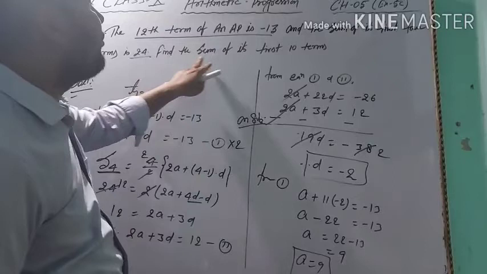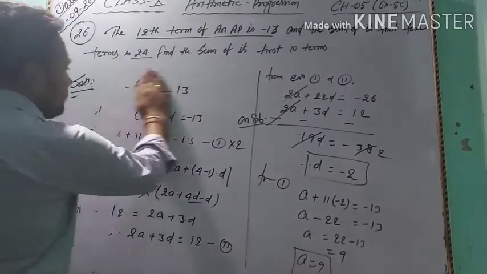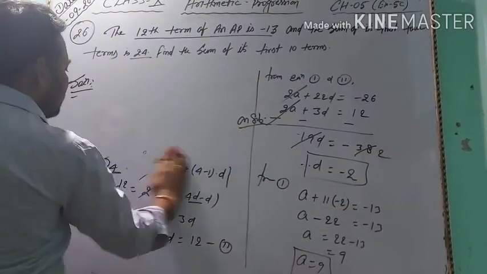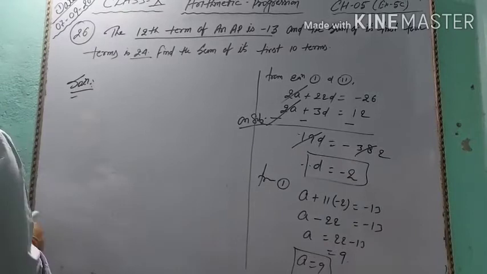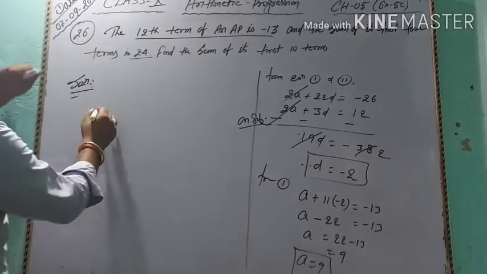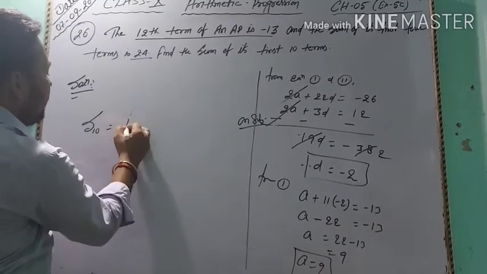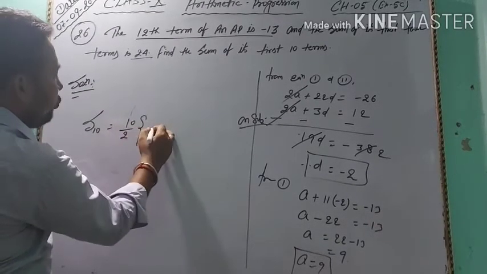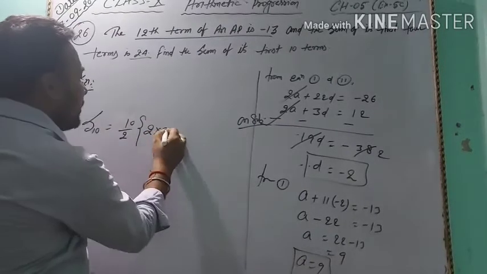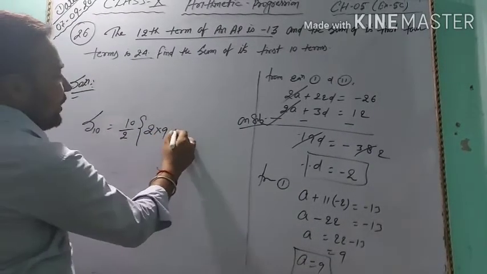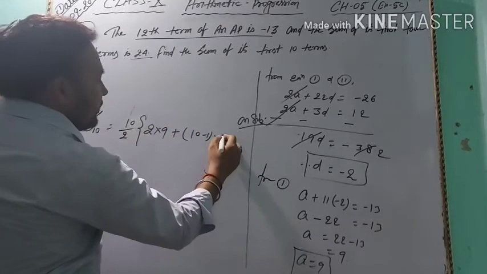So find the sum of its first 10 terms, that is S10. S10 equal to 10 by 2 into (2A plus (n minus 1) D), with A equal to 9, that is 2 multiplied by 9, and n minus 1, that is 10 minus 1, and D equal to minus 2.